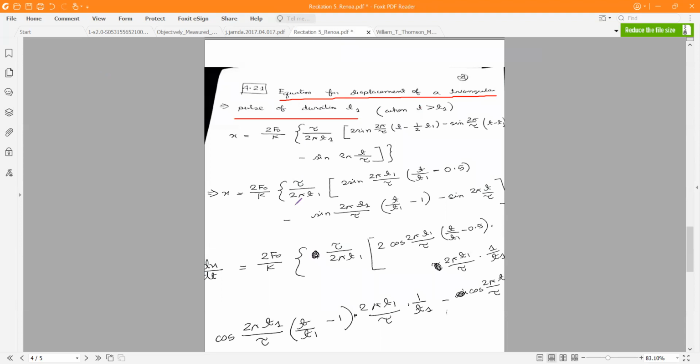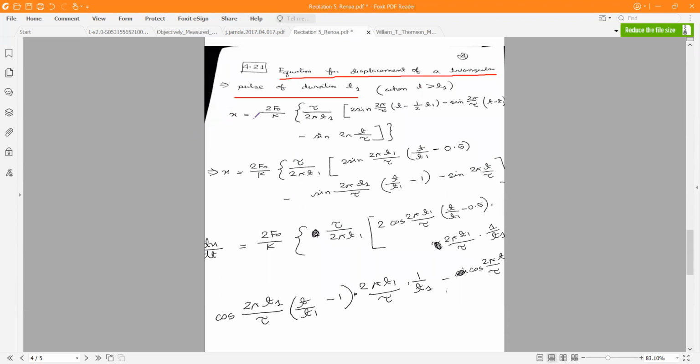I just wrote the equation here, which is x equals 2f naught over k multiplied by tau 2 pi t1 minus 2 sine 2 pi over tau (t minus half t1) minus sine 2 pi over tau (t minus t1) minus sine 2 pi t over tau.